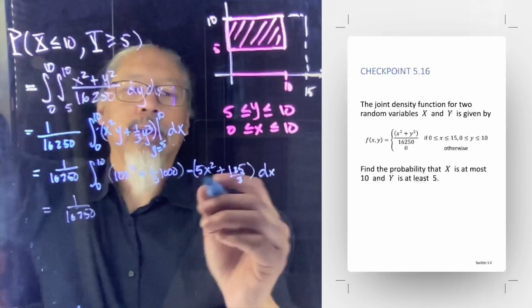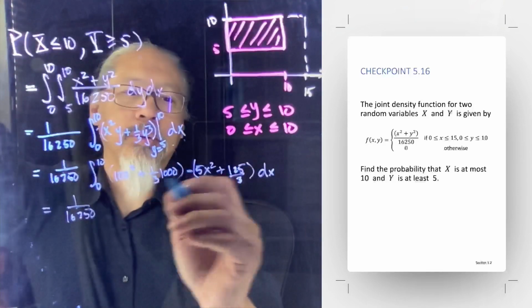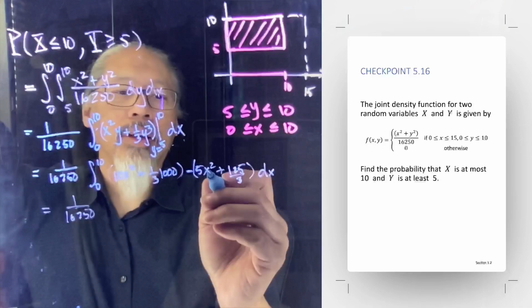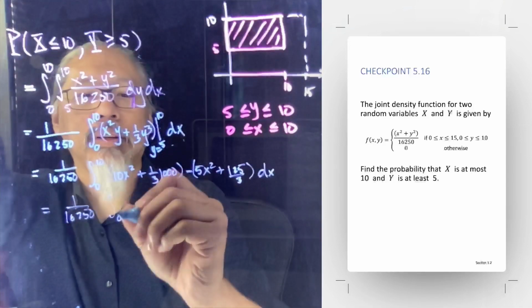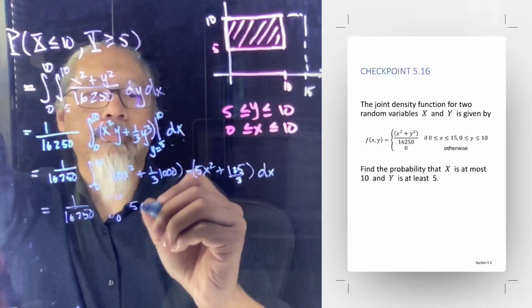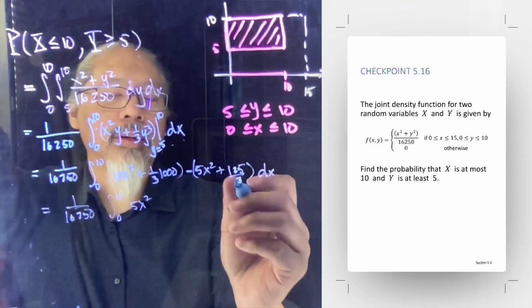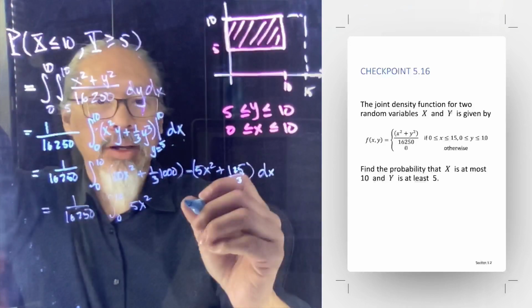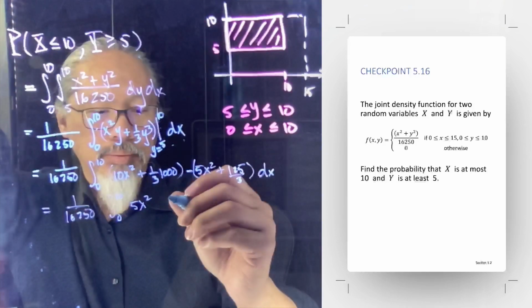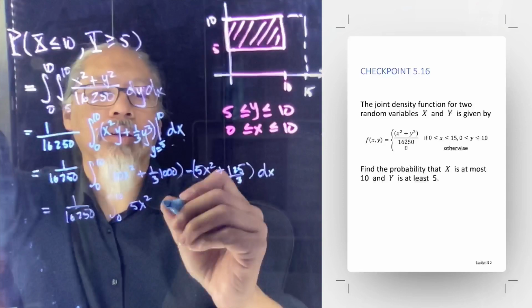Okay, so the rest of this is just algebra work, and then one more integral that we have to do. 10x squared minus 5x squared is positive 5x squared, and then we have a constant, I think this is 875 over 3.